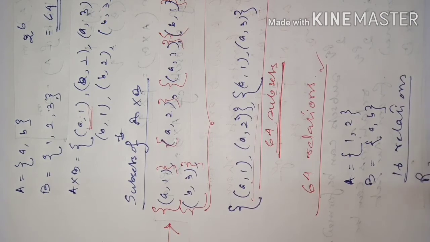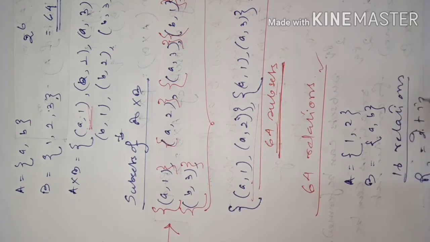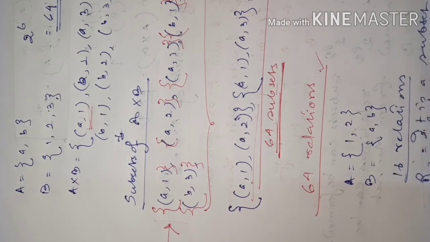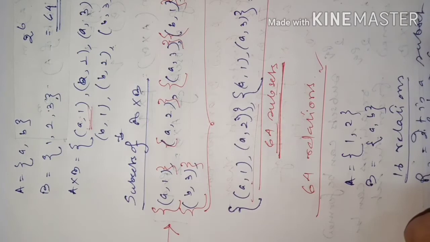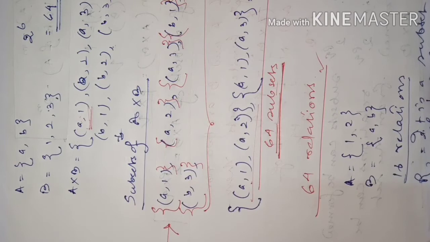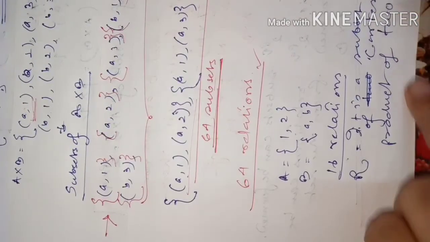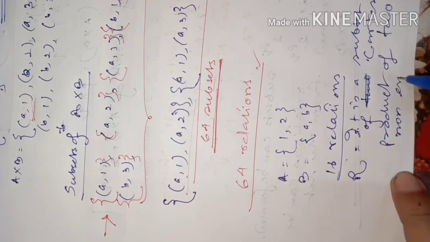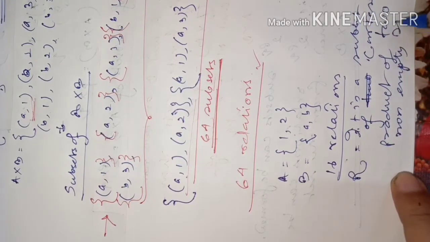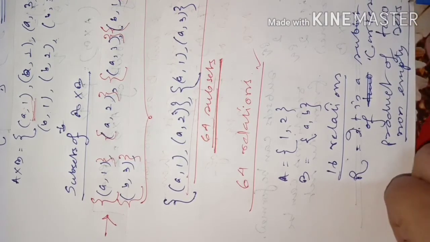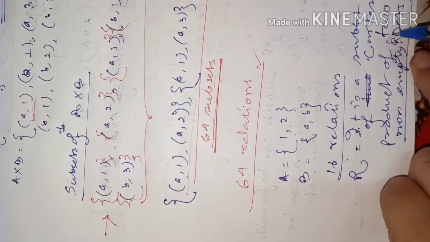So a relation we generally denote by R. R is a relation, it is a subset of the Cartesian product of two non-empty finite sets.